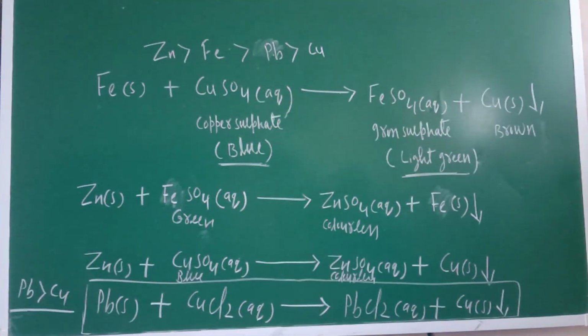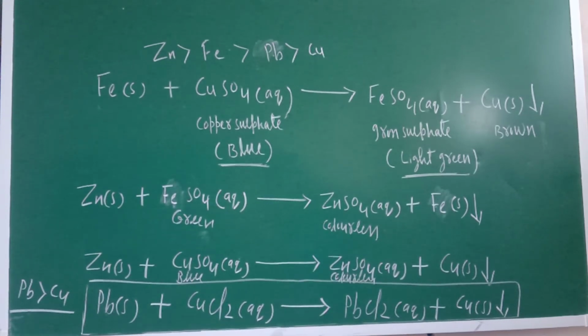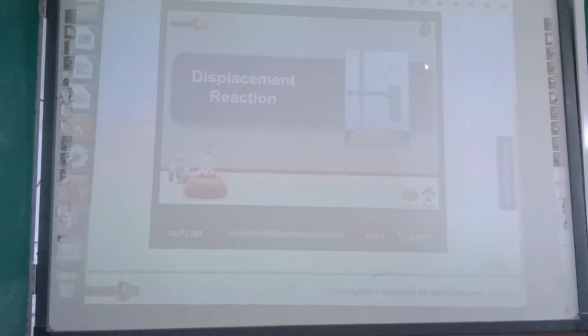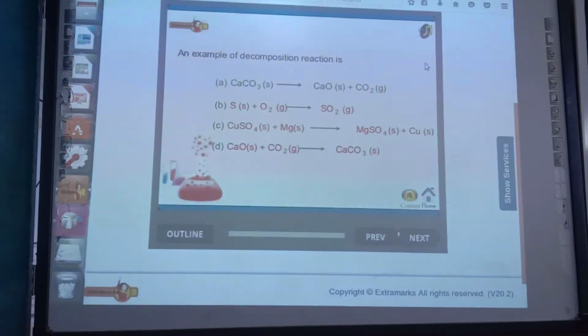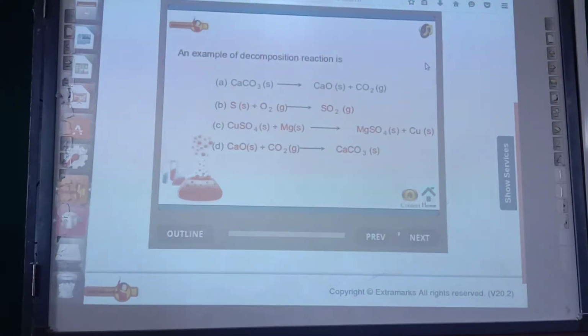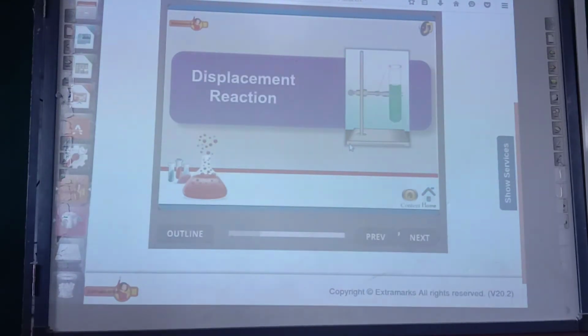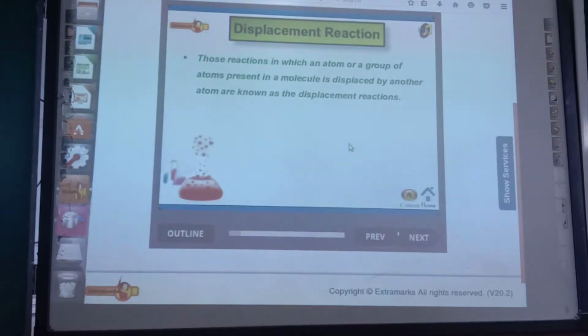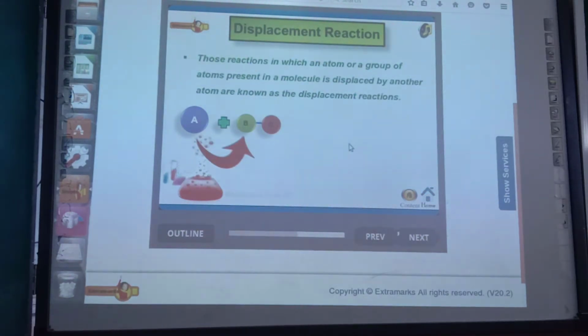Now let us see some activity in the extra marks. Okay, so just see here. The correct answer is option A. Displacement reactions are those reactions in which an atom or a group of atoms present in a molecule is displaced by another atom.